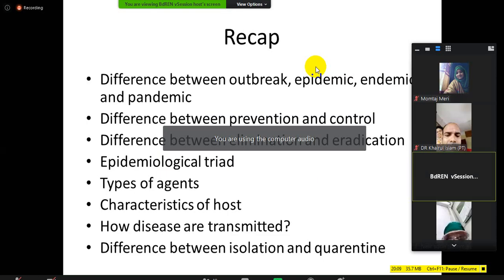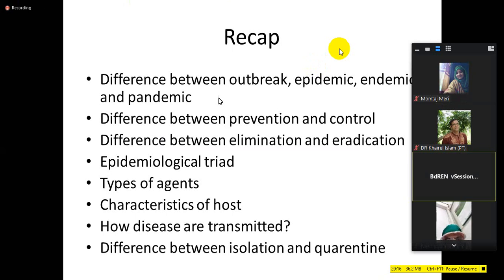The difference between outbreak, epidemic, pandemic, and endemic. Endemic means normal occurrence of a disease. Like, we know that malaria is very much common in Bangladesh, in certain parts of Bangladesh, especially in the hill tracts districts.